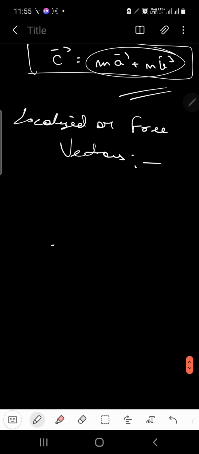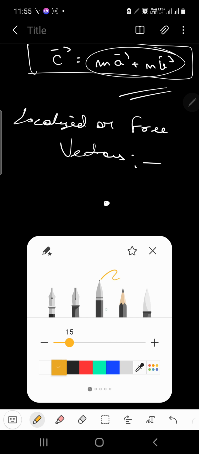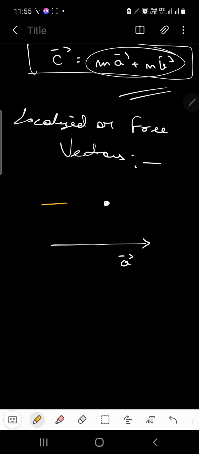So if you have a vector here and a specified point, and you draw a parallel vector through this specified point and nothing else, this restriction applies to the vector, and this sort of vector is called a localized vector. Clear? And if there is a vector which depends only on its magnitude and direction but is independent of its position in space, with no restriction on its position, that sort of vector is called a free vector. Clear?